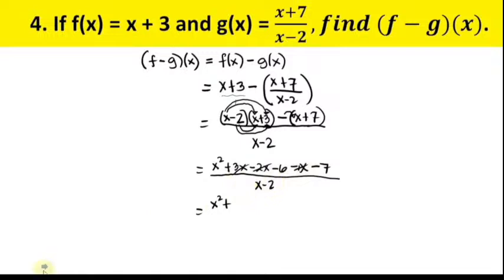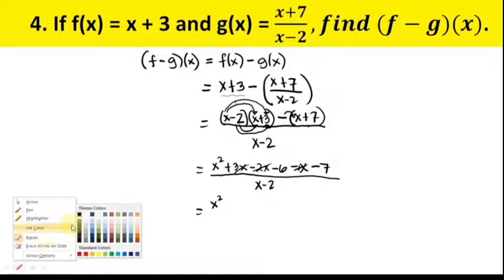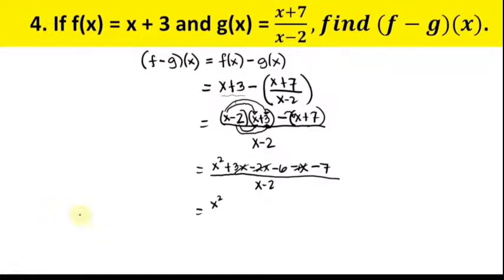So ang remaining value natin is, erase natin, ang remaining value is x squared and negative 6 minus negative 7, that is negative 13 over x minus 2.